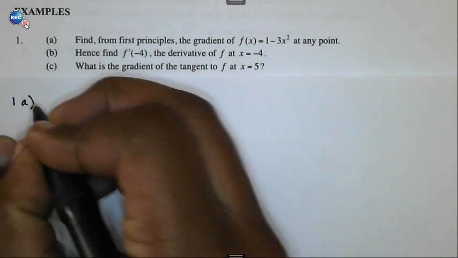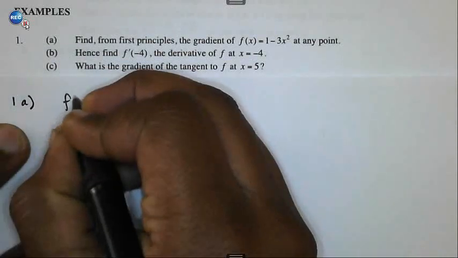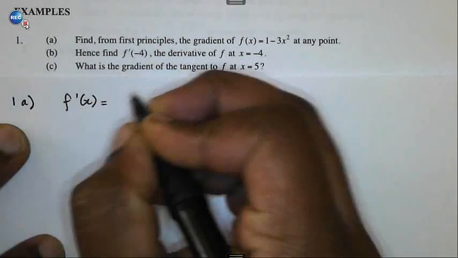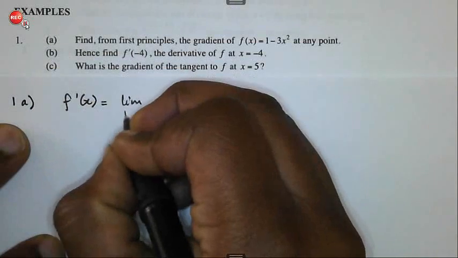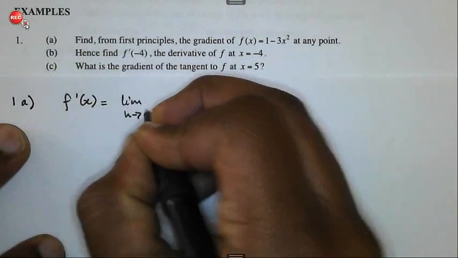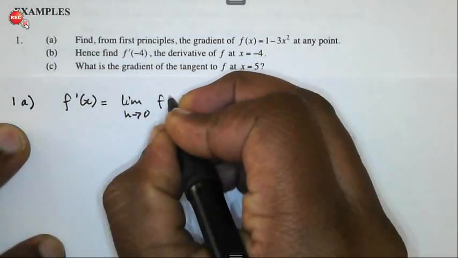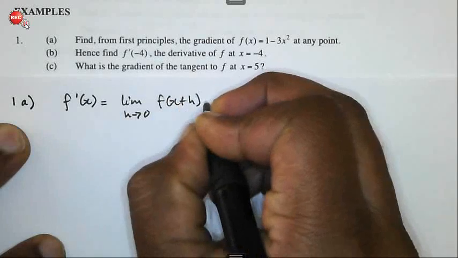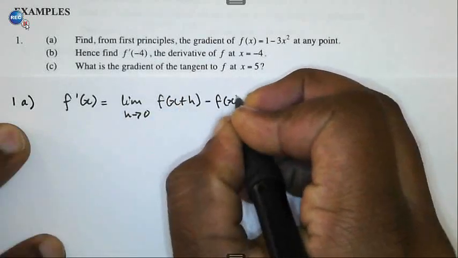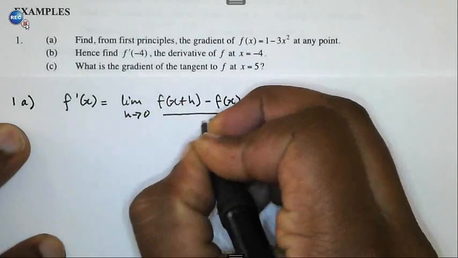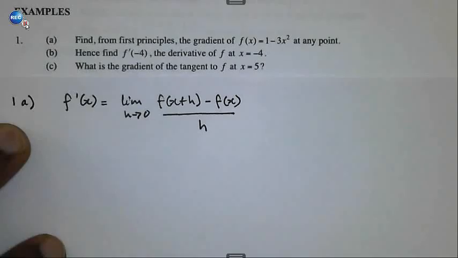So here it is: f prime of x is equal to the limit as h approaches 0 of f of x plus h minus f of x, divided over h. That formula is also there at the back of your question paper, so if you forget it, you can always check it. But it's always good to just know these things.